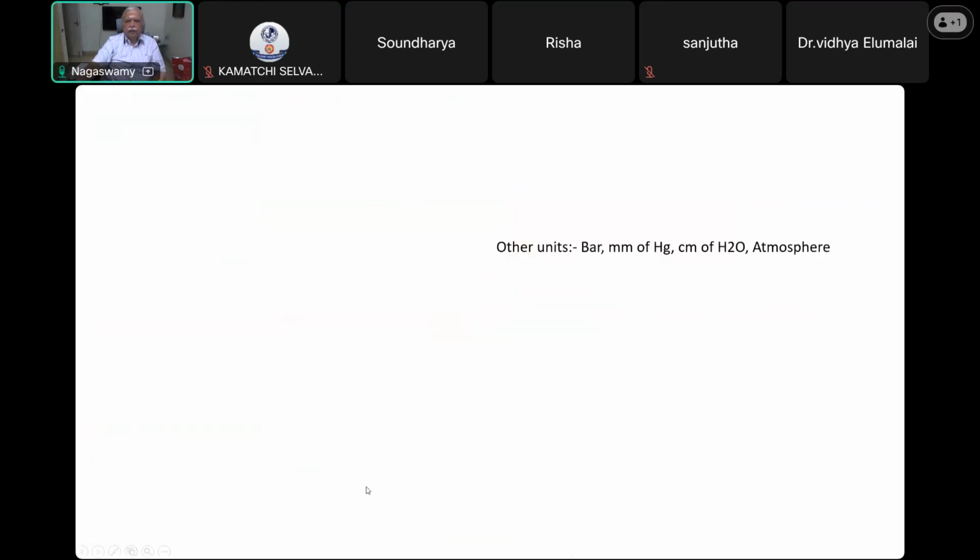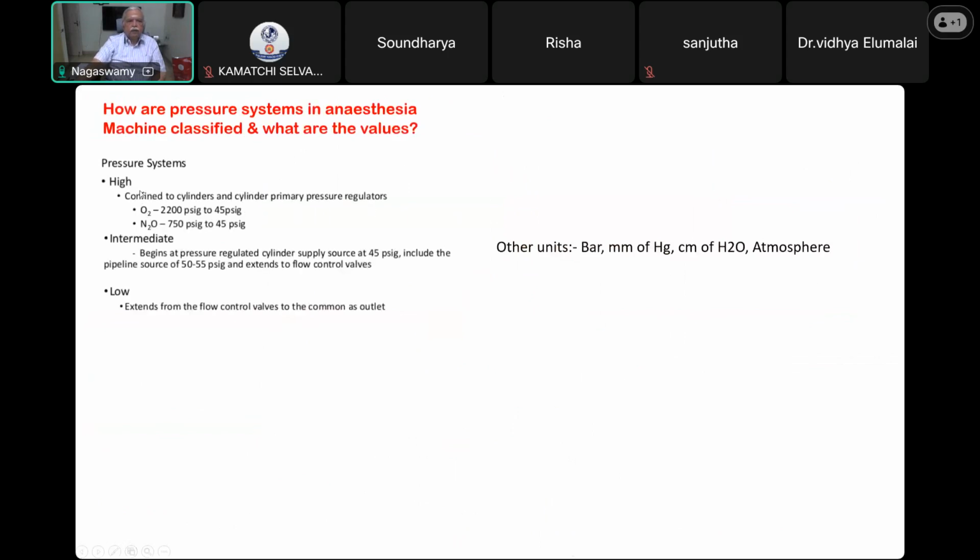Okay, so how are pressure systems in the anesthesia machine classified and what are the values? Of course, we have seen that in the high pressure system the value is about 2200 psi for the oxygen full cylinder, and nitrous oxide 750 psi, and it is reduced to 45 psi when supplied from the pressure regulator.